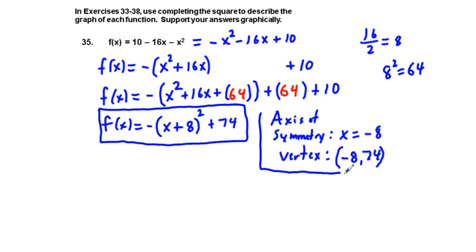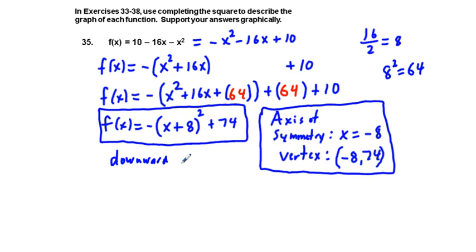Now we know we're going to have a downward opening parabola since we have this a outside negative. And since we're starting up above the x-axis and we're downward opening, we're going to have some real roots.